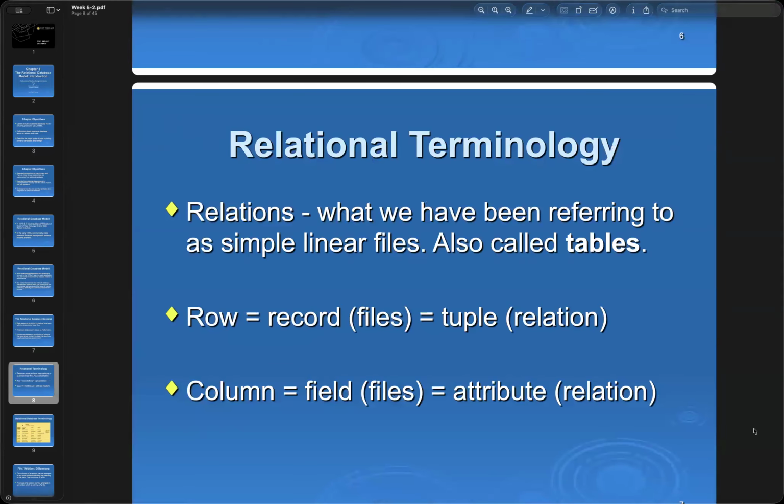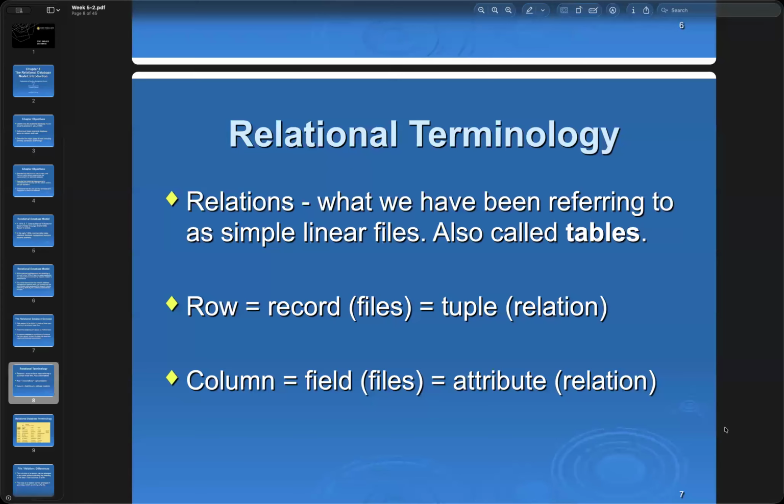In relational terminology, when we talk about relations, we have been referring to a simple linear file, and we also call it a table. So sometimes when we talk about the relation name, it also means the table. When we talk about a row or record, that means a tuple of the relation. All these have different names.